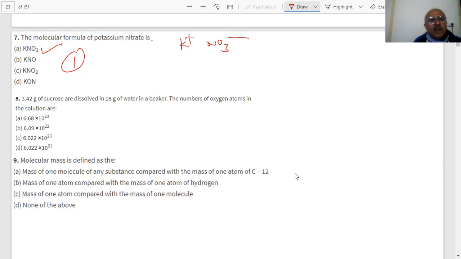What is the molecular mass of sucrose? 342 gram per mole. Sucrose is C12H22O11, student. This is the molecular formula. This is the molar mass of the sucrose. So how many moles will be there? 3.42 divided by 342. So this is 10 minus 2 mole.